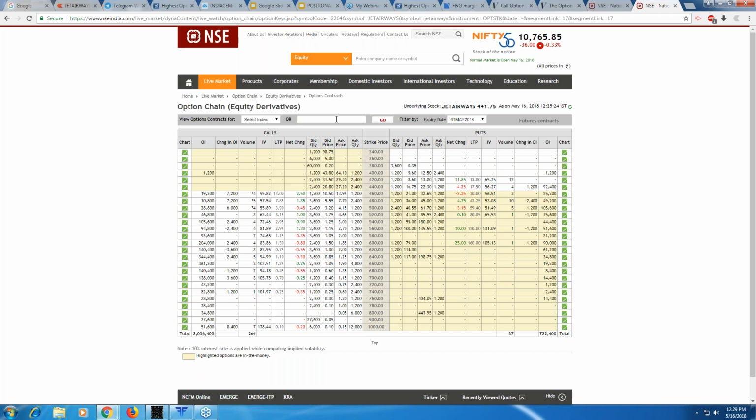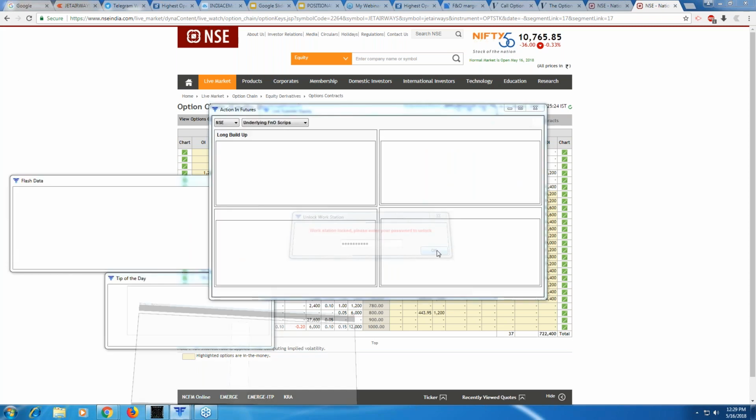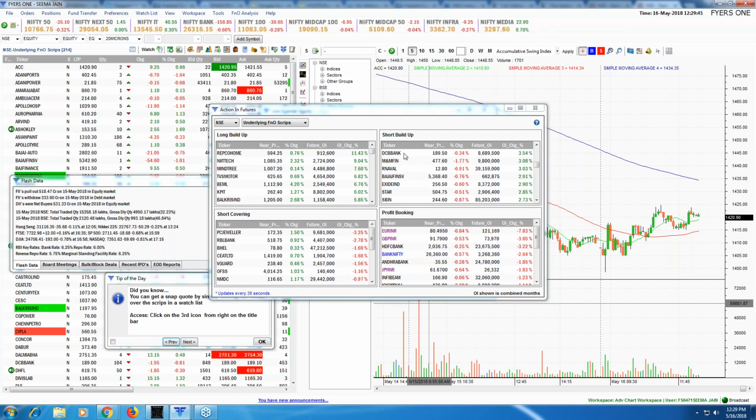Let's look into some other stock. Maybe today Bank of Baroda, or which one had the very high? Let's see where something is happening here. So let's see short build up, right? DCB Bank, M&M Finance, Bajaj Finserv, Exide India, or let's see here, NIT Tech.